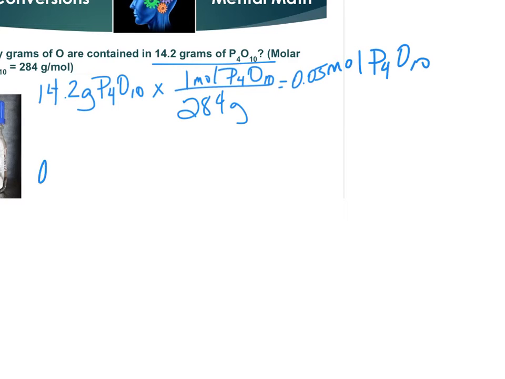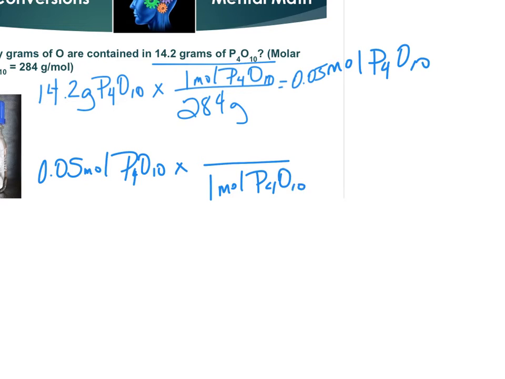So 0.05 moles P4O10, and we know that for every one mole of compound, P4O10, there are 10 oxygens in that compound, right? 10 moles of oxygen. So you're going to take that number, multiply it times 10, and so you got 0.5 moles of oxygen.